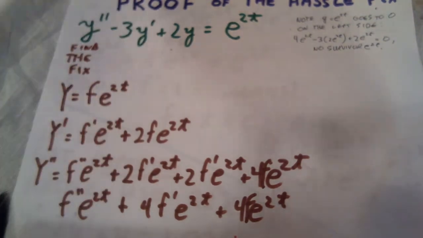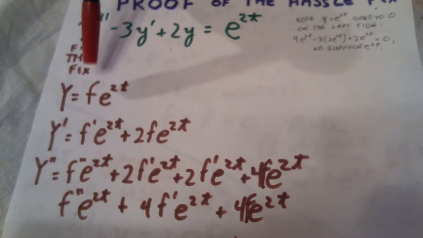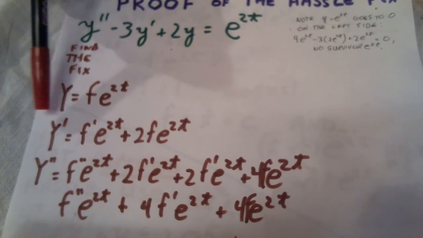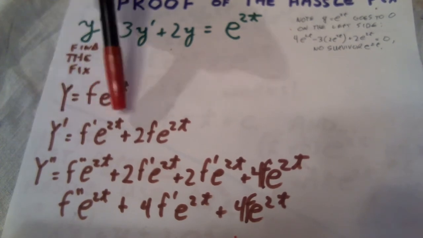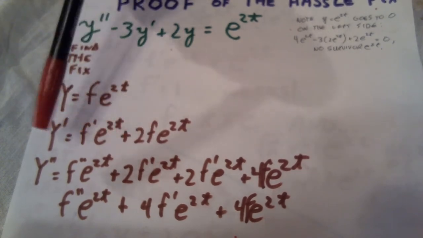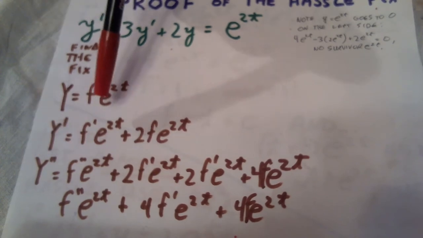That's good. All right, so this is the proof of why this guess works. You have the function times e to the t, which makes it a product. So all these derivatives get complicated because you have to do the product rule each time. Now, here's something that happens all the time with the hassle guess. When you go from y prime to y double prime, you're going to have a match.